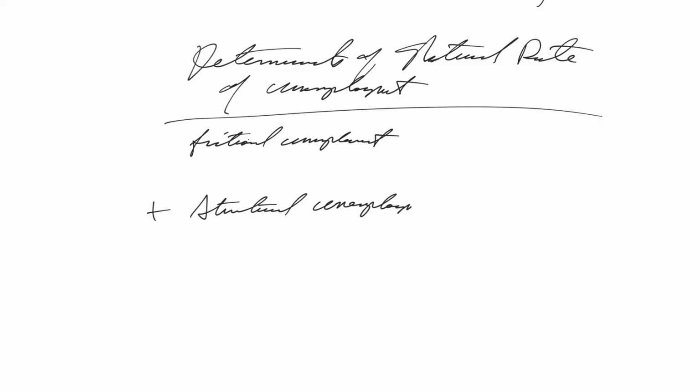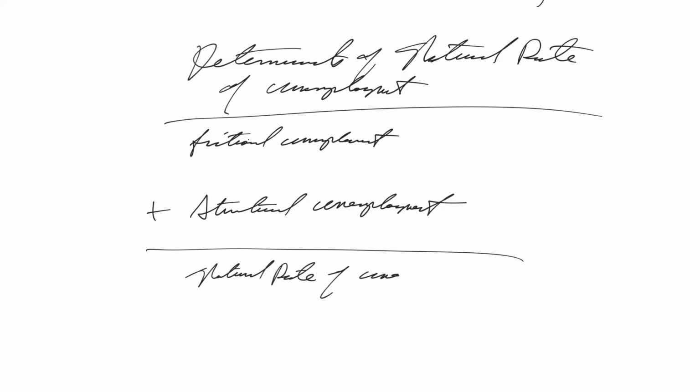Well, the natural rate of unemployment is comprised of frictional unemployment plus structural unemployment. And you add those together and you get the natural rate. Now, when the economy is fully employed, there is no cyclical unemployment.